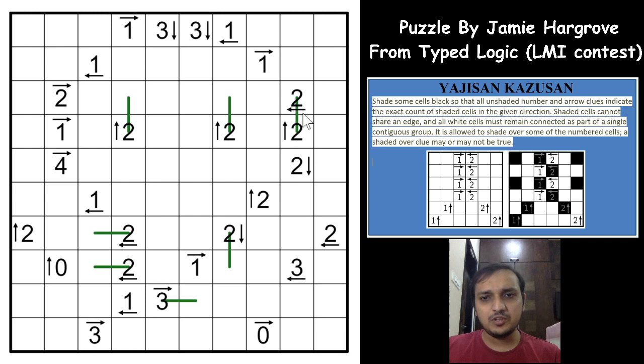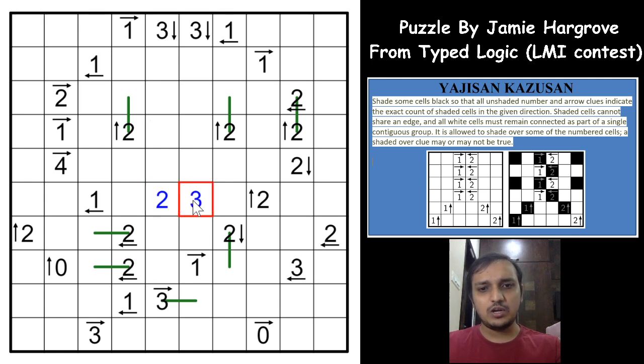So for example, if both numbers are placed in the vertical direction, and both of the arrows are pointing in the vertical direction, and one more constraint is that one of these numbers is greater than the other by 1. Let me just show you with an example.